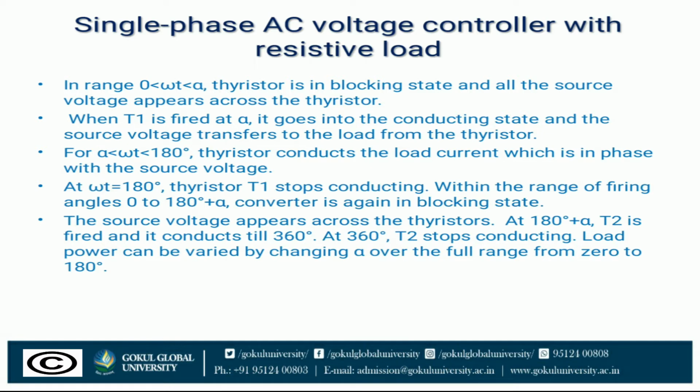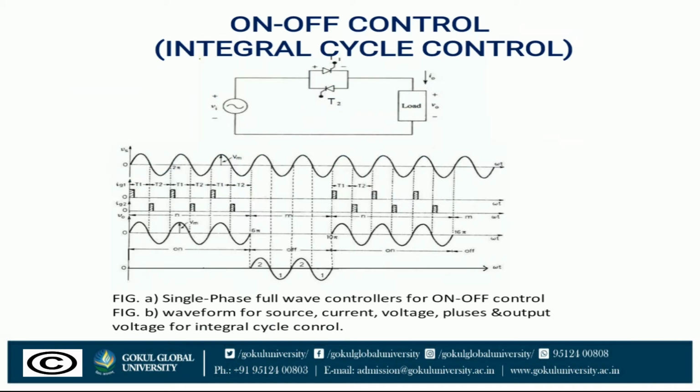At omega t equal to pi or 180, thyristor T1 stops conducting. Within the range of firing angle pi to pi plus alpha, the converter is again in blocking state. The source voltage appears across the thyristor. At pi plus alpha, T2 is fired and it conducts till 360 or 2 pi. At 2 pi, T2 stops conducting. Load power can be varied by changing alpha over the full range from 0 to 180 degrees.